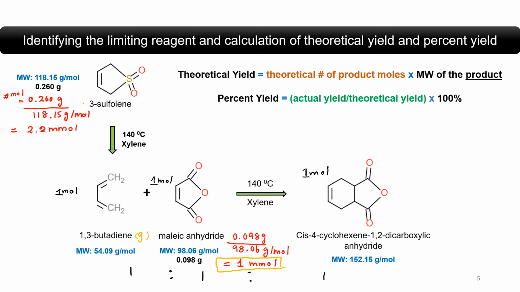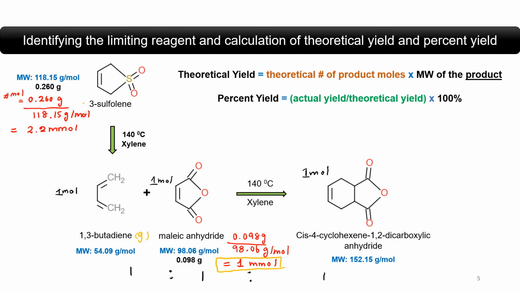Now, how much 1,3-butadiene we can theoretically have in the mixture directly depends on the amount of 3-sulfolane that we measured. So now we're going to look at the molar ratios between them. And you can see if 3-sulfolane breaks down, we get 1,3-butadiene.